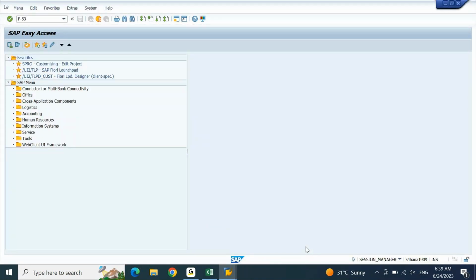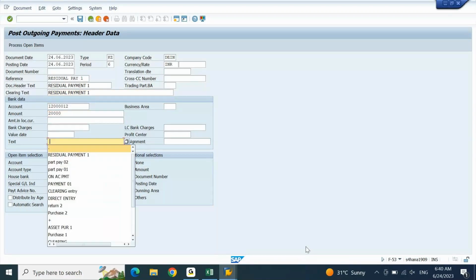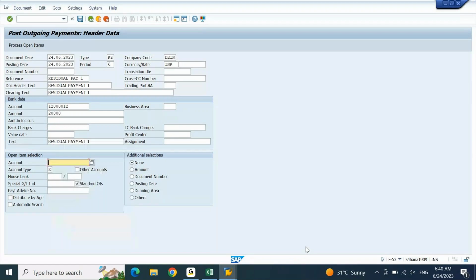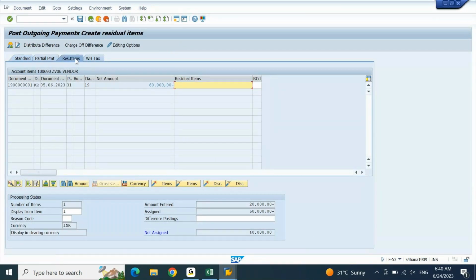F-53. Partial payment, residual payment. 20,000 is the payment amount. This will be the residual payment. I'm not giving the profit center now also. Let us verify. Residual payment. 40,000 will be the balance amount.